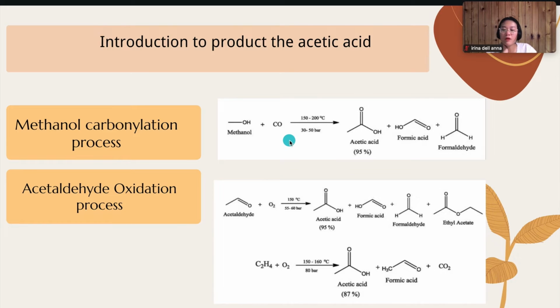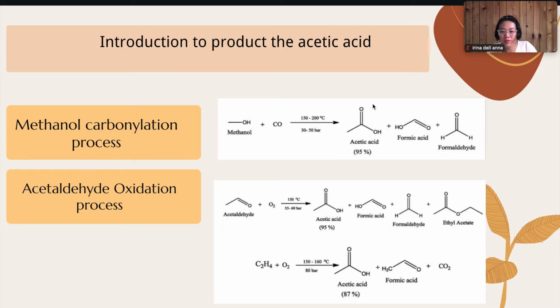In the presence of a rhodium-based catalyst, it reacts in the liquid phase at 150 to 200 Celsius and 30 to 50 bar to produce a selectivity of 95% acetic acid and 5% byproduct. The use of an iridium catalyst increased the overall rate of the reaction.